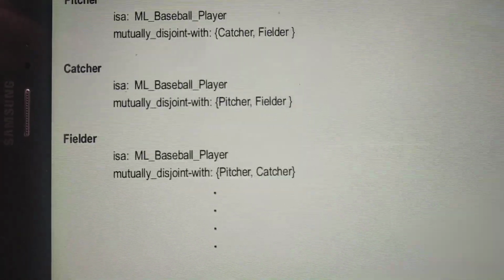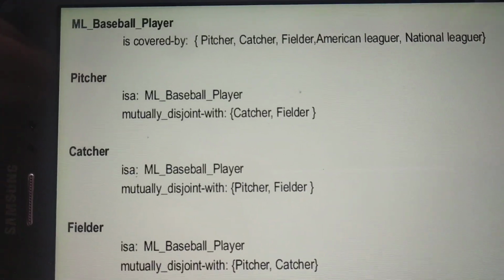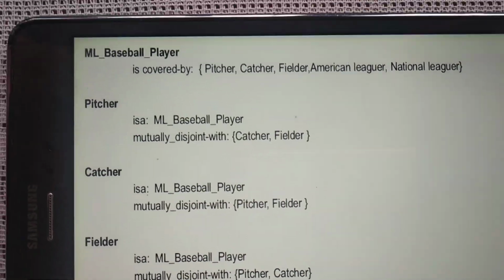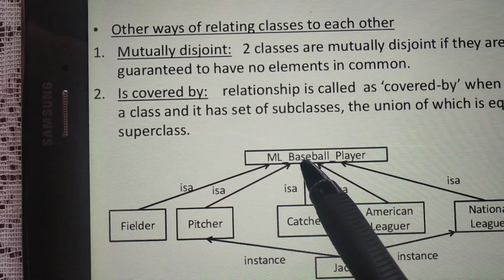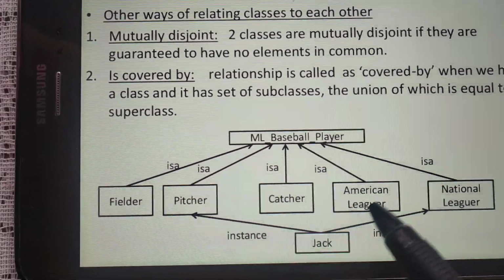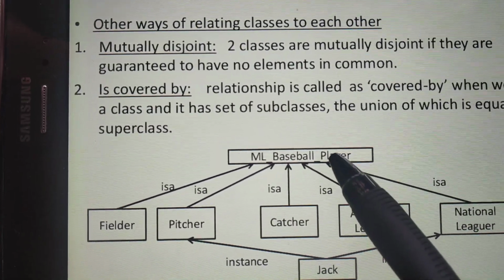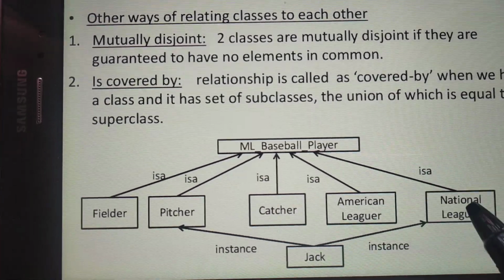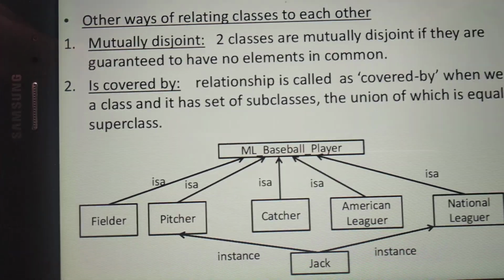Let us see how the covered by relation can be represented in the frame. According to our previous example, there is a class called baseball player, and fielder, pitcher, catcher, American leaguer, national leaguer are all subclasses of the superclass baseball player. Also, the union of all these classes will give you ML baseball player.